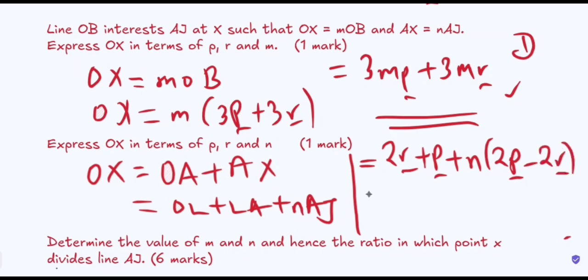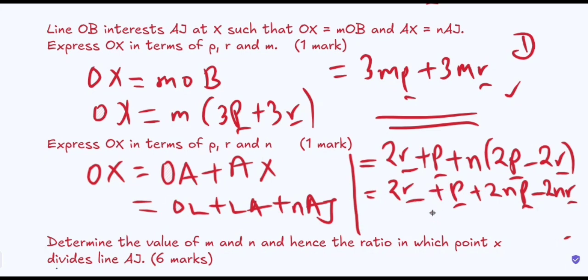Okay, so let's zifungue hizi, so itakuwa ni 2r plus p plus 2np minus 2nr.